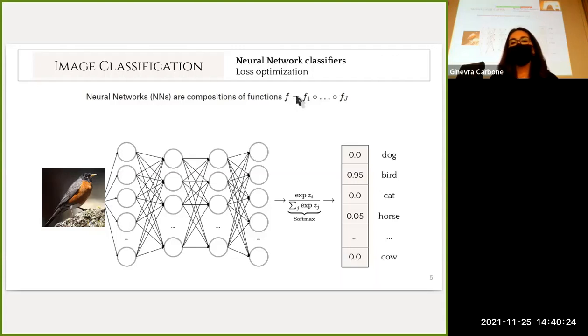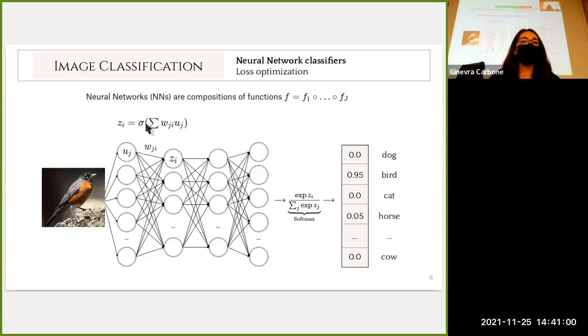Suppose that in particular we want to compute the value of one of the neurons in this network, which is called z_i. Now you can see that z_i is connected to all the neurons in the previous layer, which are called here u_j. And these edges are all weighted. So it means that we can write z_i as a linear combination of u_j by means of W parameters plus a nonlinear activation.